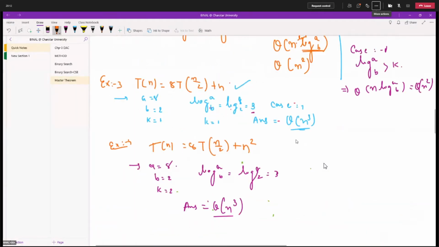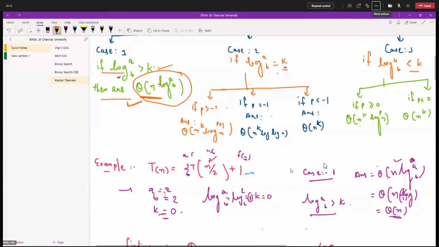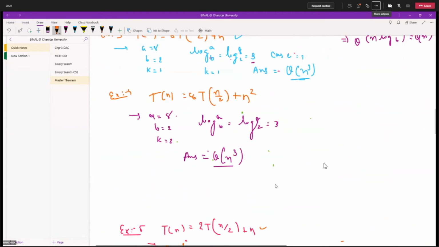Now in case 2 also we have 3 conditions: P greater than -1, P equal to -1, and P less than -1. What will come here? Is there a P mentioned over here? Is there a log value in this function?